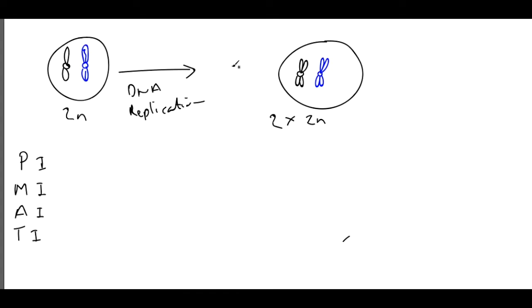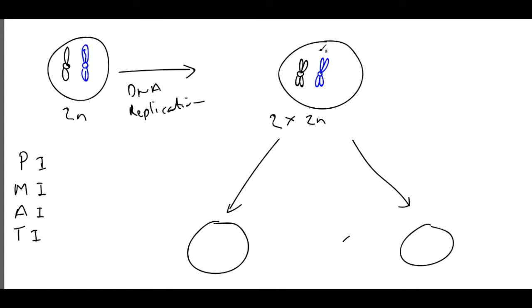And the end goal of this is that you get 2 cells that are going to have these chromosomes in them, but split down. So you're going to have a chromosome in 1 because it's divided, and you're going to have the other chromosome, or what's left of it, in the other.